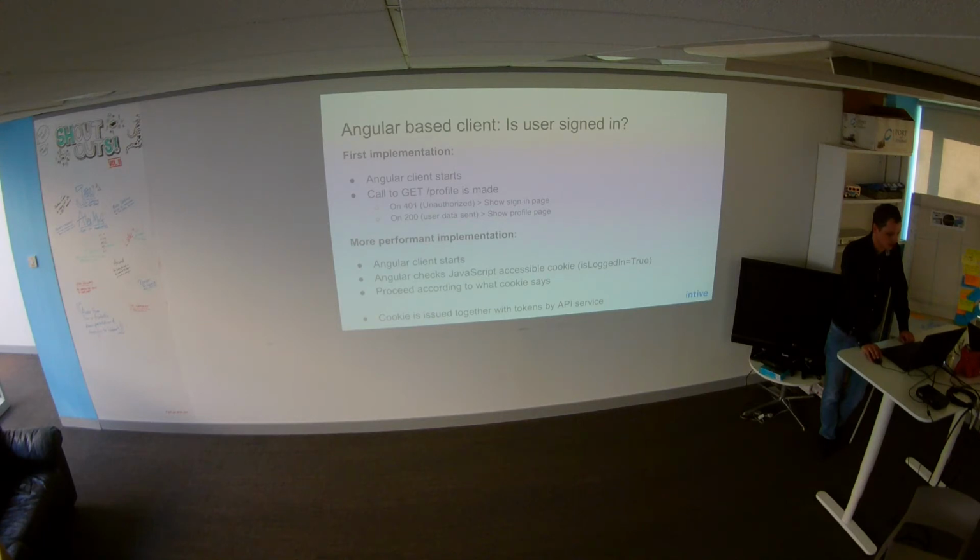So we added yet another cookie, a simple flag, that we do not trust, but we act according to it, meaning if this cookie is there, then try to do this flow. If this flow fails, return to the sign-in. If the cookie is not there, immediately go to the sign-in, don't bother with this other flow. So this dramatically reduced the amount of calls to the API.